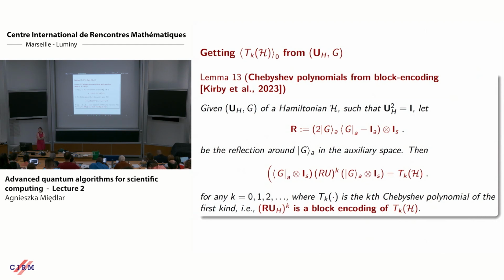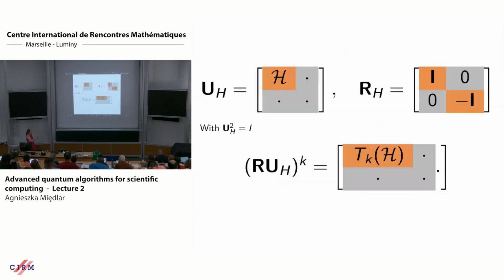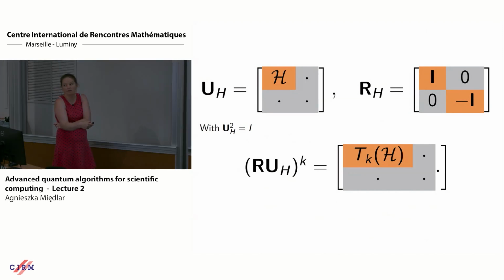It will be easier if I can have the other slide on the side, but this is exactly the object we had before. For simplicity, you can visualize that. Okay, if I have a block encoding of the operator, then my operator H is sitting here. This RH is now, depending, previously it was the 2 by 2 example that I introduced for qubitization, so it was 1, -1.